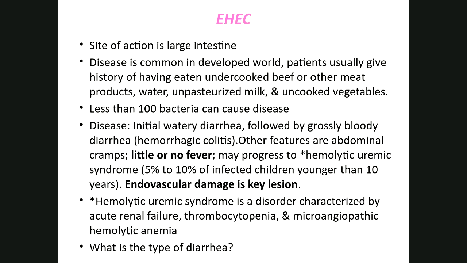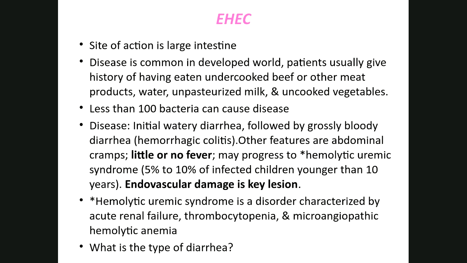However, if it is cooked properly, as we do the cooking, or if the water is properly processed with chlorine and with other processing procedures, then this organism is destroyed. But in case of undercooked food or unpasteurized milk or water which has not been properly treated, it can be transmitted.